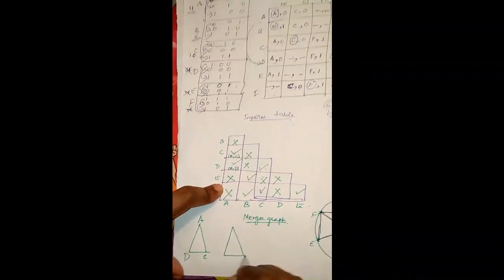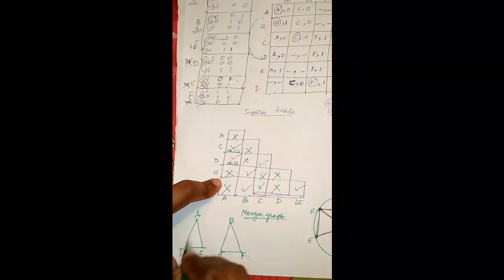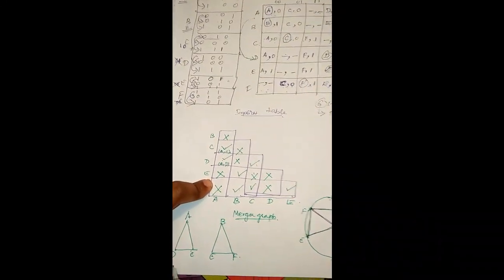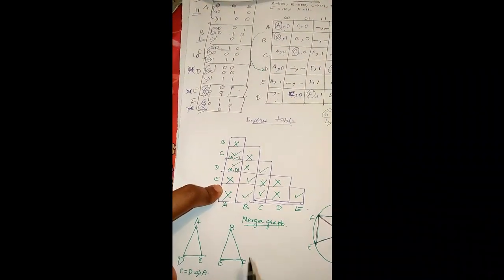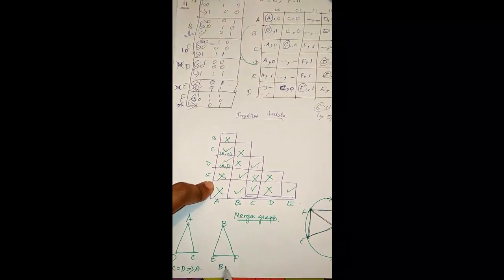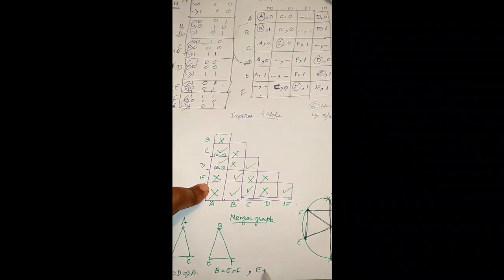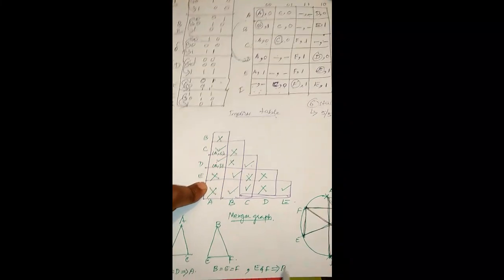ACD forms a closed path, so I can consider C and D to be equal to A. Similarly, BEF forms a closed path, so I can consider E and F to be equal to B. So these 2 triangles connect my important points.